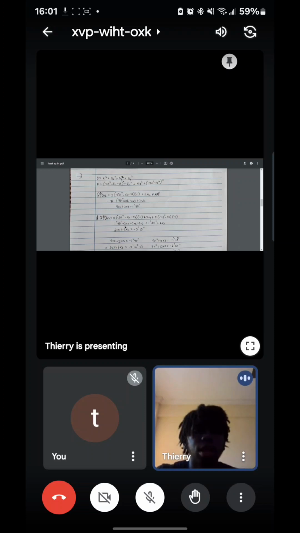Expanding the brackets, we have 1 minute and 40 seconds plus 2V2 plus 2V3 plus 1 minute and 30 seconds plus 2V3. This gives us 6V3 plus 2V2 is equal to negative 3 minutes 10 seconds.